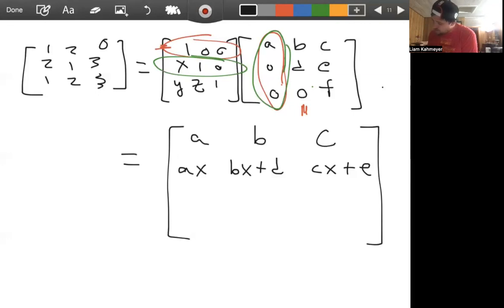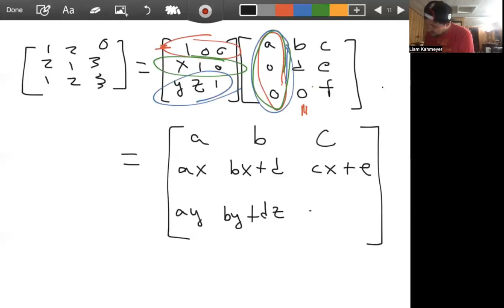So what's the third row? Well, we take A, 0, 0 dot product with Y, Z, 1. That gives me AY, and then BY plus DZ. And for the last one, we have CY plus EZ plus F.